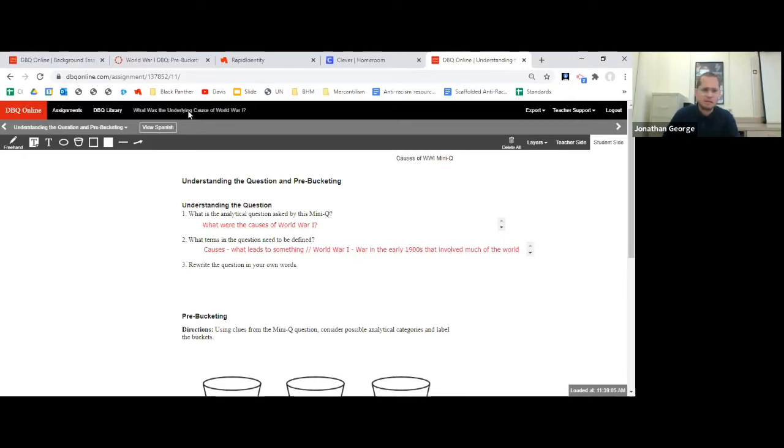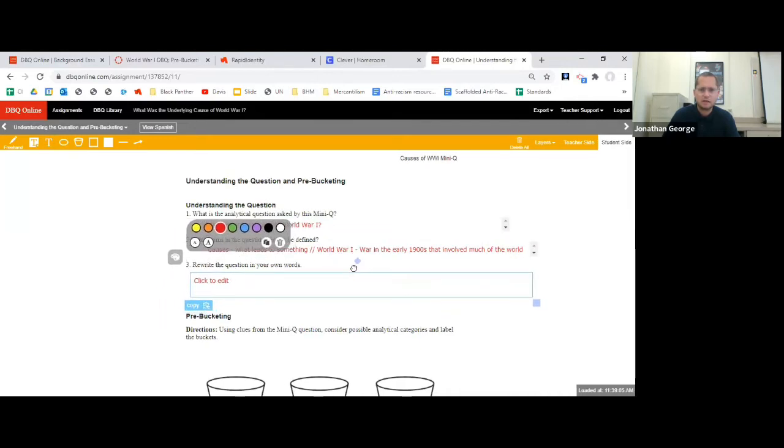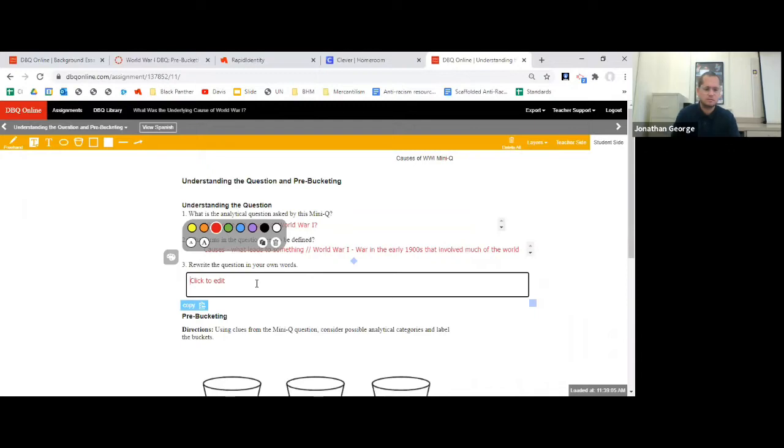If I'm taking a look here, I'm going to add a text box, resize it, drag it down into the space, and say, all right, something like that. What events led to a global war in the early 1900s?